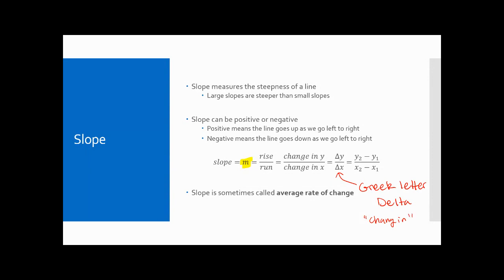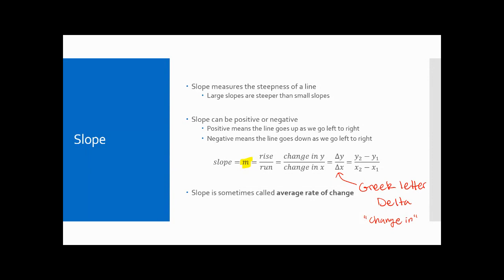So that's literally, whoops, it would help if I spelled change correctly. But that is basically just taking change in y, change in x, and taking the words "change in" and making it a symbol. Then we've got y2 minus y1 over x2 minus x1, and that is what it actually means when we say change.